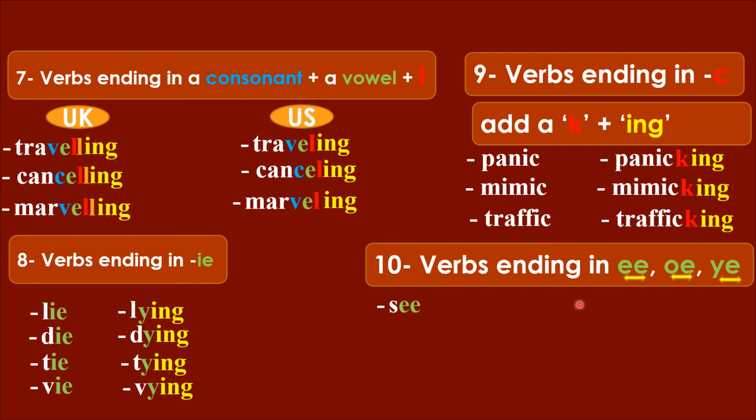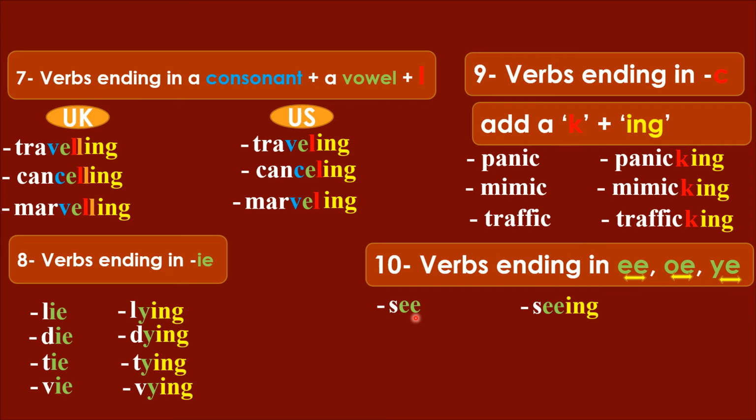Look at the following example. To remember a word like love, the verb love, we remove the E and add ing. Here we don't remove one E because they are double E. We're going just to add ing.